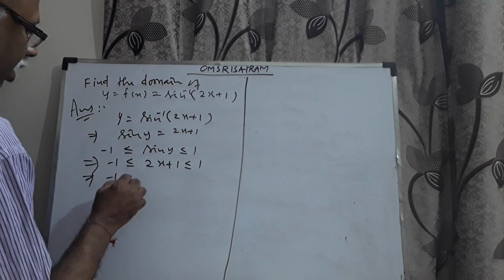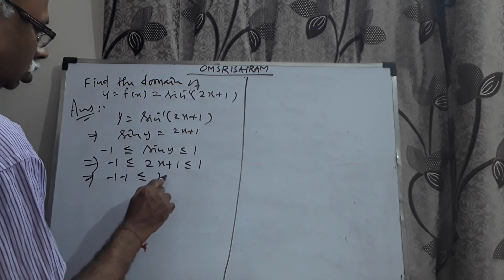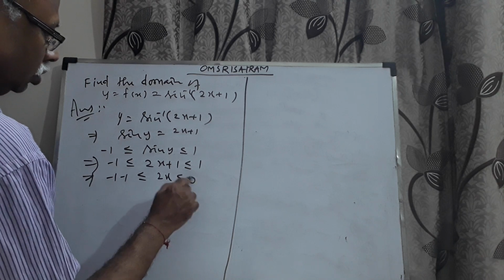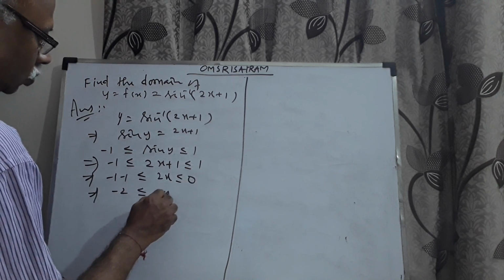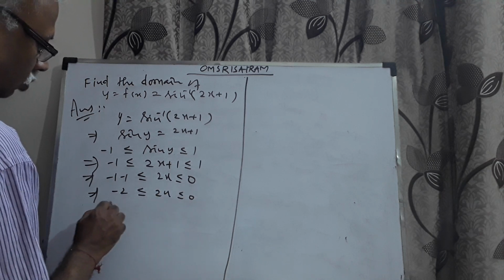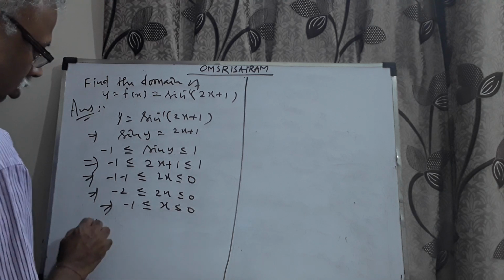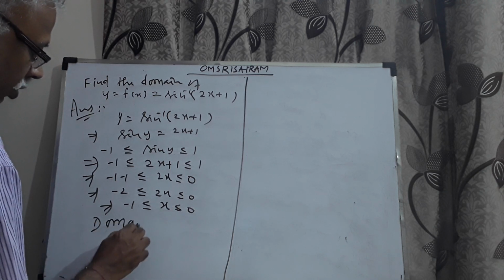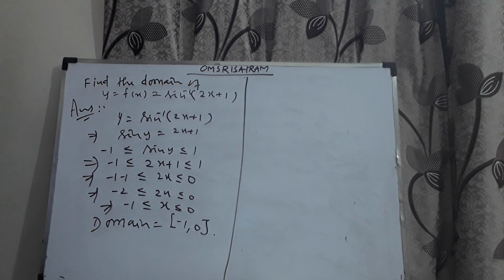Let me just subtract 1 throughout. Minus 2 less than or equal to 2x less than or equal to 0, which implies minus 1 less than or equal to x less than or equal to 0. Therefore, domain happens to be the closed interval minus 1 comma 0.